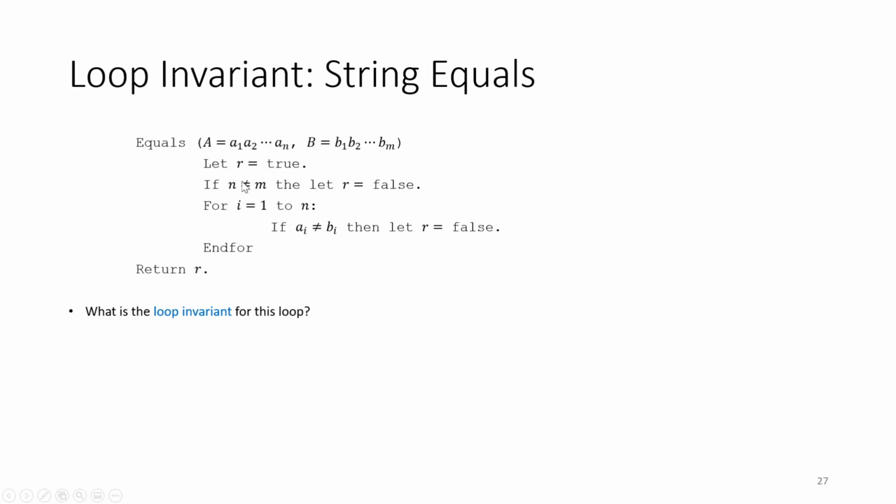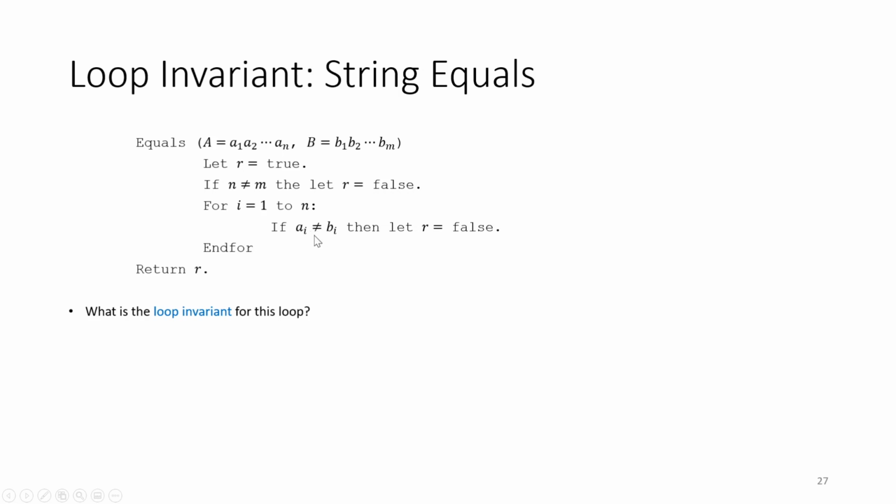If R is still true after, say, iteration I, meaning we didn't flip it false in any of those iterations, then there is something that we know so far. We know that A is equal to B so far, meaning we've never hit this not-equal-to bit.